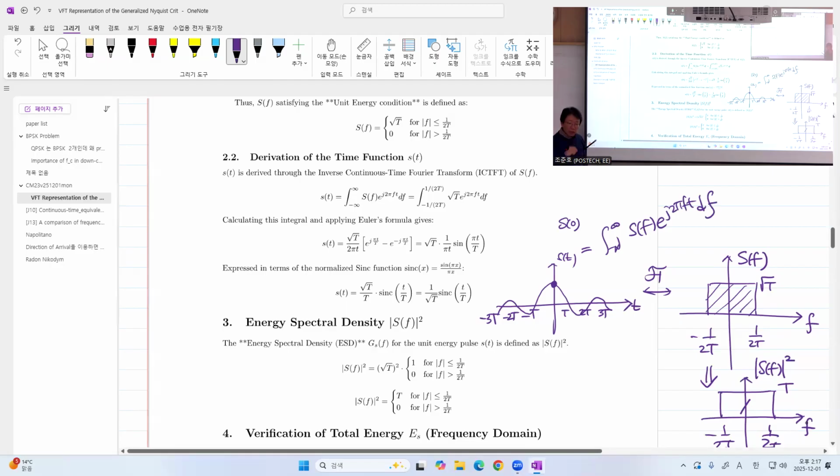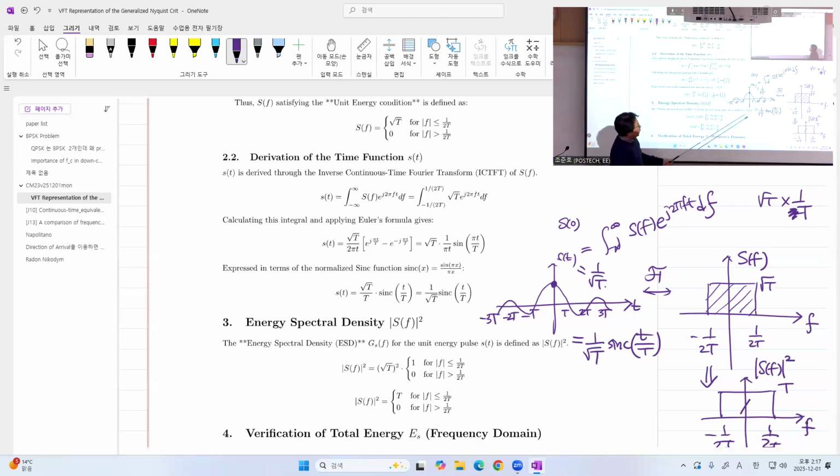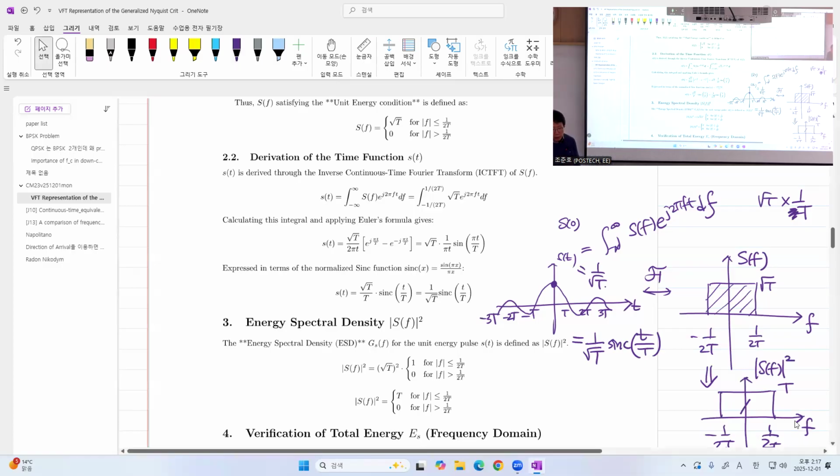Now you plug in t equals 0, which means you have square root T times 1 over T. So this is 1 over square root T. If we write it using sinc notation, we have 1 over square root T times sinc(t/T). So this is a kind of energy normalized sinc pulse with zero crossing points at integer multiples of T.